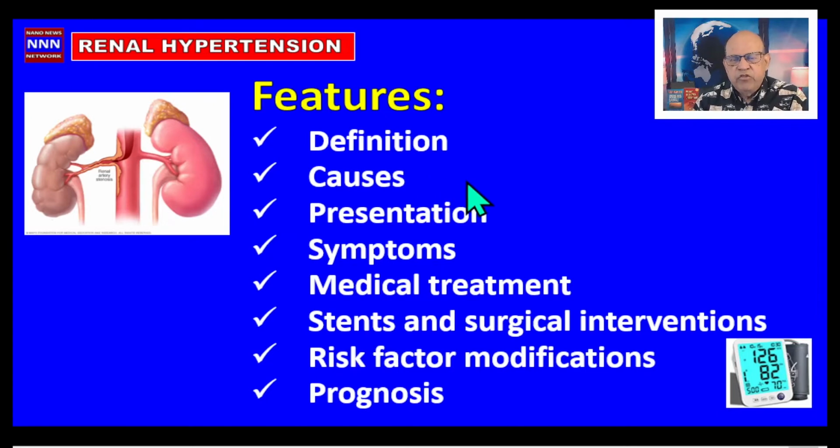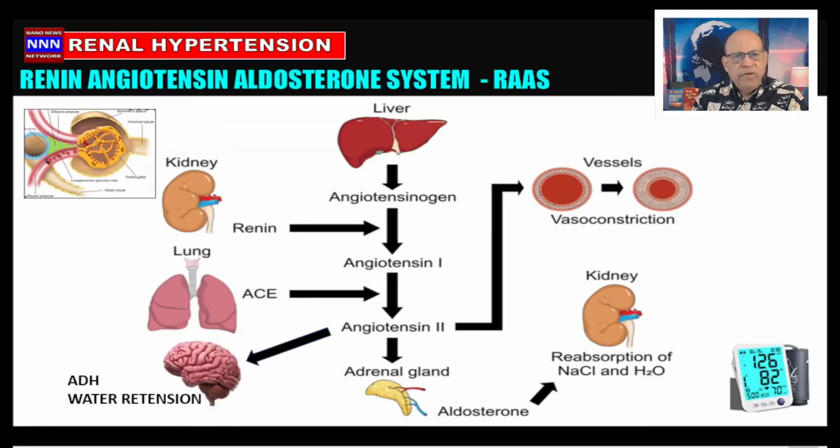What are some of the most common causes for renal hypertension? Okay, before we get into the causes of renal hypertension, I want to spend a few minutes and talk about the renin-angiotensin aldosterone system, or RAS as it is called, which is primarily responsible for the majority of hypertension and in most cases of renal hypertension.